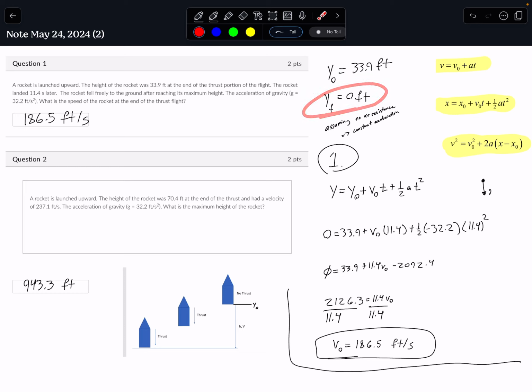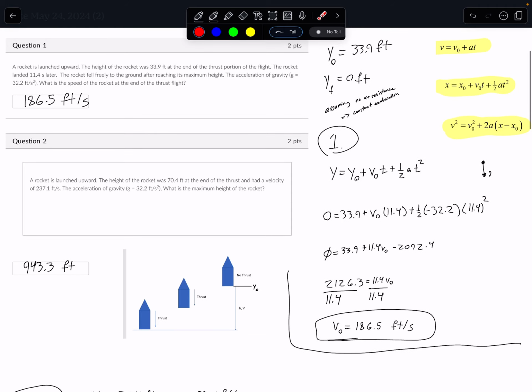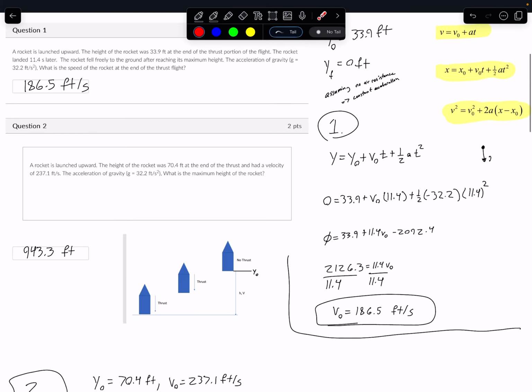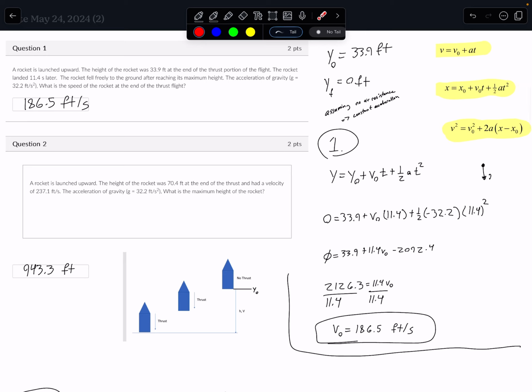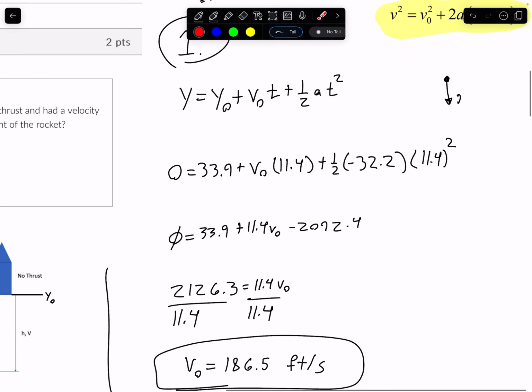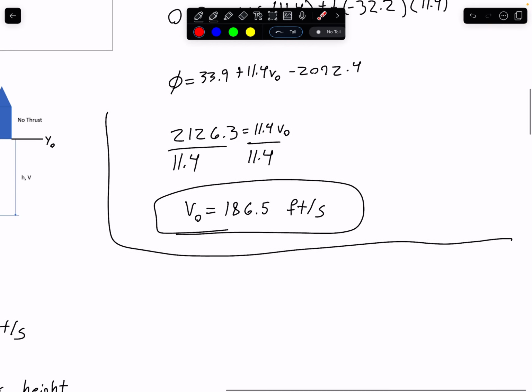Our final y is 0 feet, and we know it takes 11.4 seconds to reach the ground, which is where our final y is equal to 0. So, very simple here. Just plug and chug, rearrange some things, move all the constants over to the other side, and divide by 11.4.